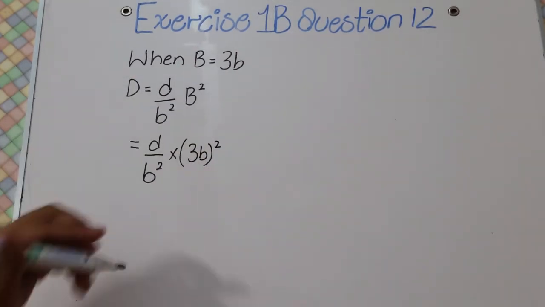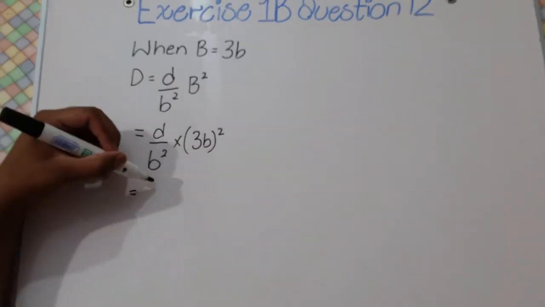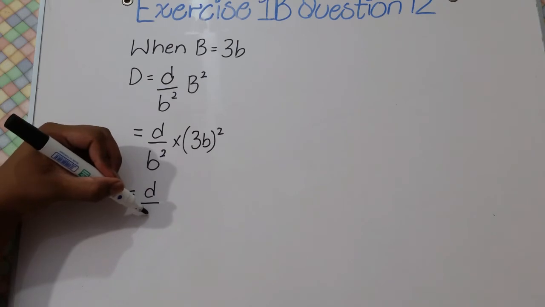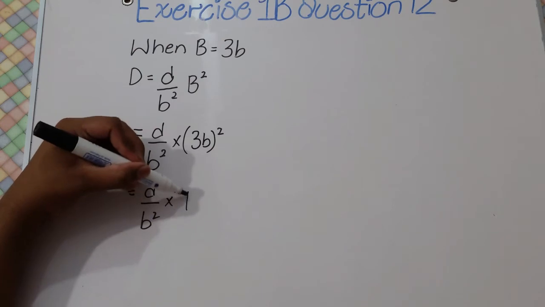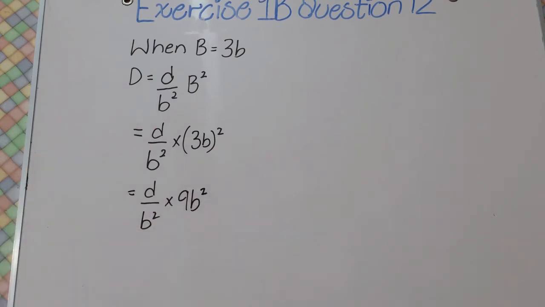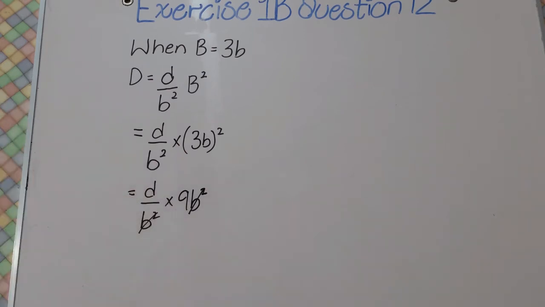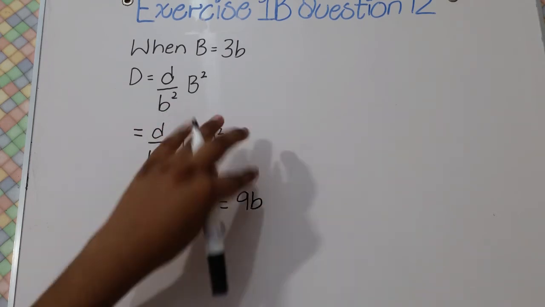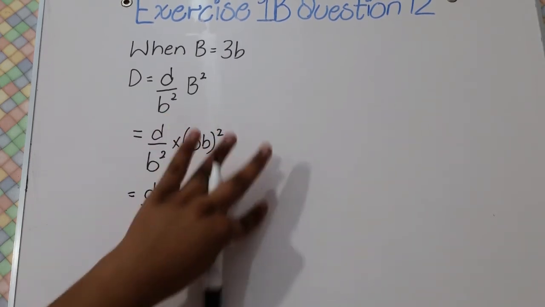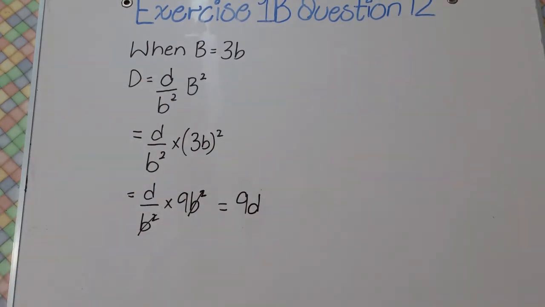If we take out the square, 3 square equals 9, so 9b square, and if we just cut these down, d multiplied by 9 would be 9d. So this is how we have found the value of d also.